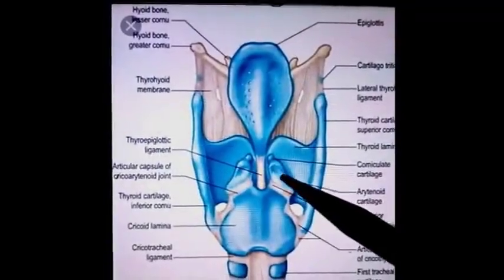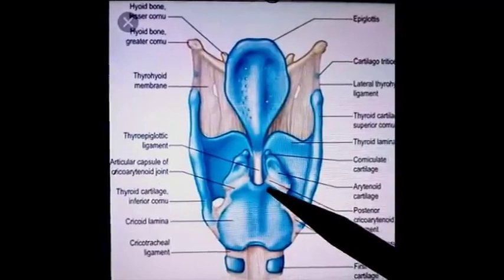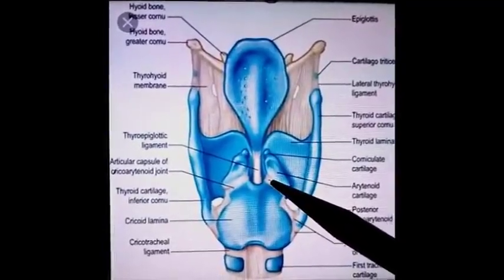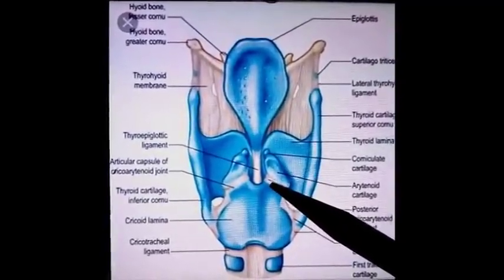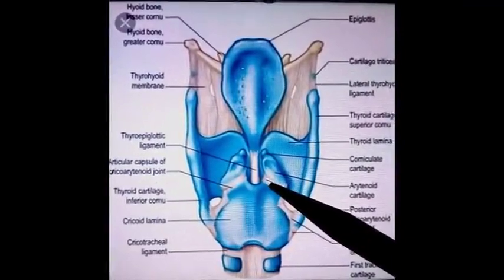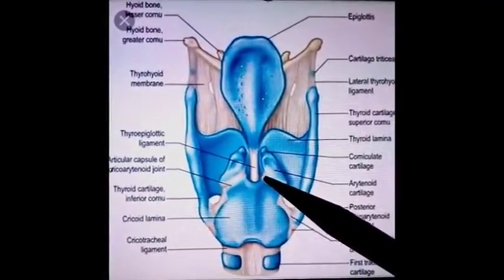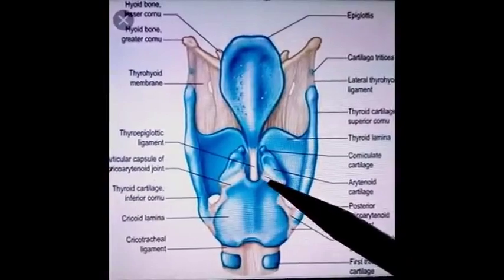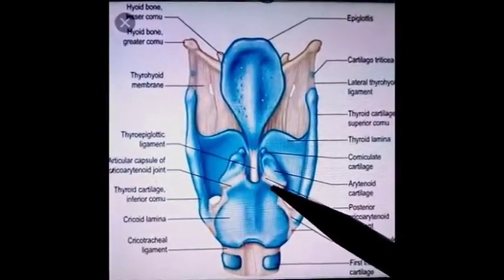Second is the cricoarytenoid joint. This joint is also a synovial joint, and it is formed between the lower border or base of the arytenoid cartilage and the upper border of the lamina of the cricoid cartilage.